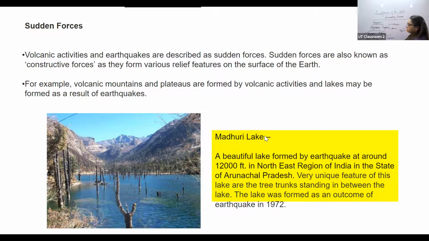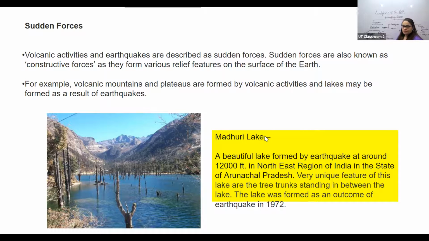Got it? So what did we do? Diastrophism, where we did epeirogenic. What is it? Upward and downward movement. Epeirogenic movements lead to formation of block mountains, rift valleys and basins.